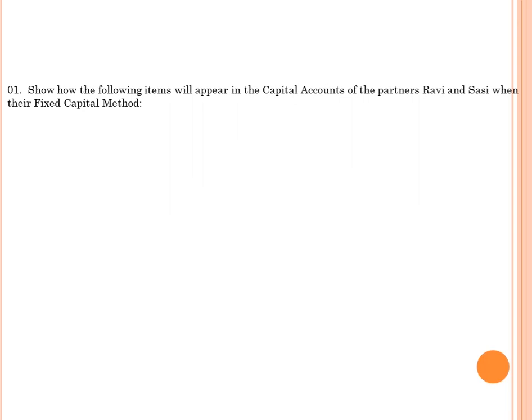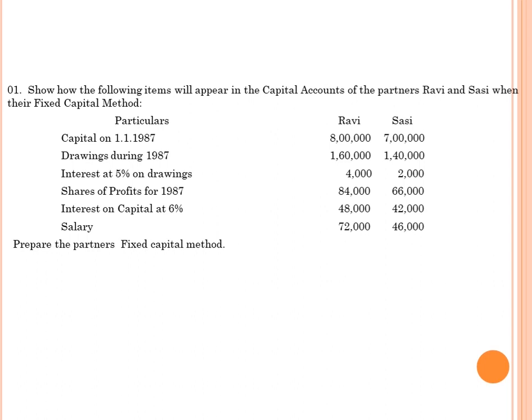Show how the following items will appear in the capital account of the partners Ravi and Sasi when they follow the fixed capital method. Here are the particulars for Ravi and Sasi. There are two partners. The capital on 1/1/1987, the opening capital, 8 lakhs, 7 lakhs. Drawings during 1987, 1,60,000 and 1,40,000.